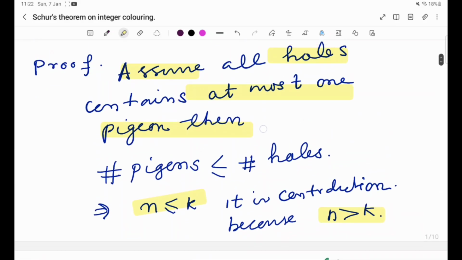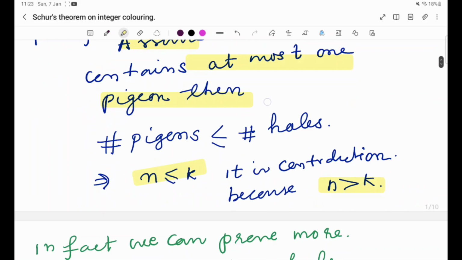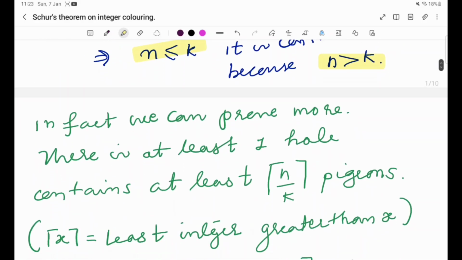One more useful version of the pigeonhole principle is, in fact, we can prove more. There is at least one hole, and I said 2 or more, but I can say maybe more. I want to say that it contains at least the floor of n over k.